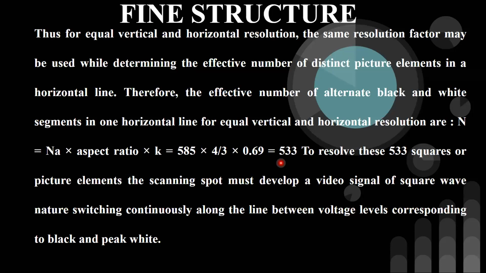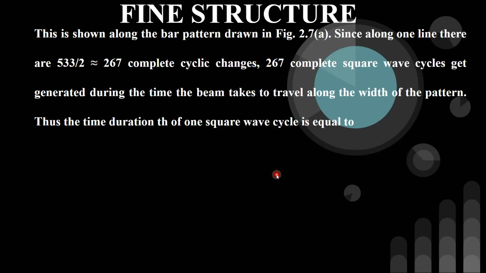So to resolve these 533 squares or picture elements, the scanning spot must develop a video signal of square wave, alternating along the line between voltage levels corresponding to black and peak white picture, the voltage levels corresponding to black and white cells. So this is shown along the bar pattern in our previous picture.